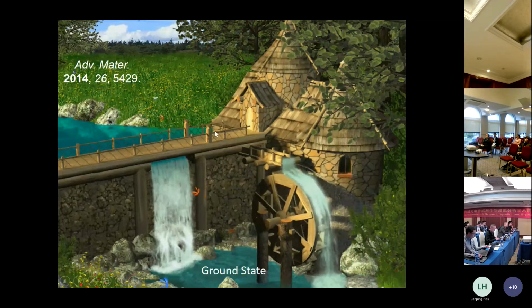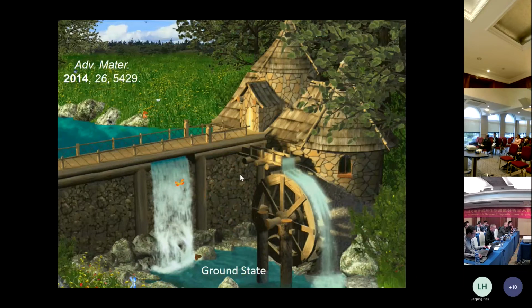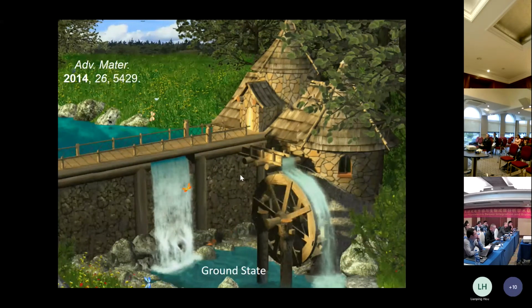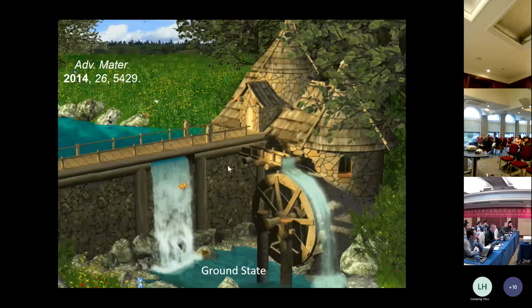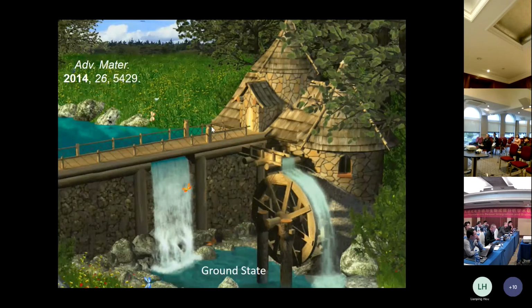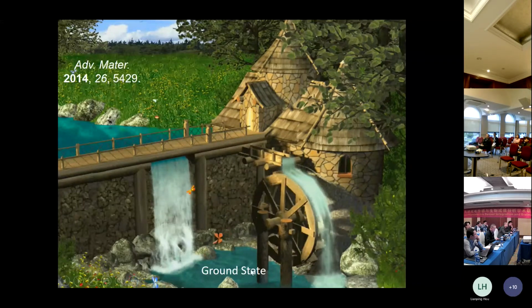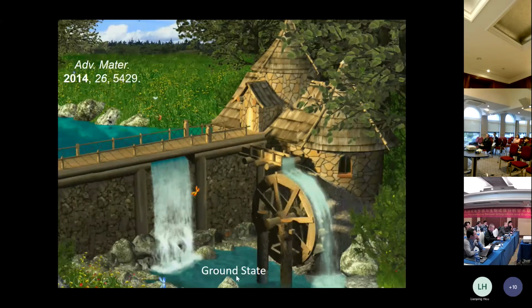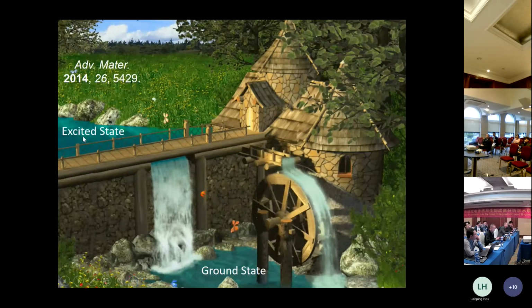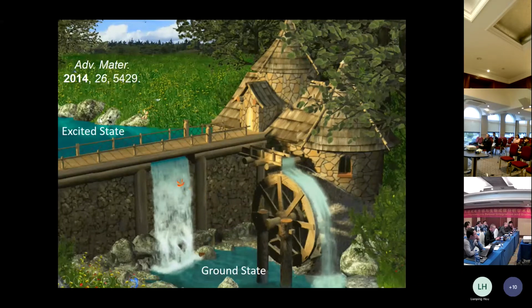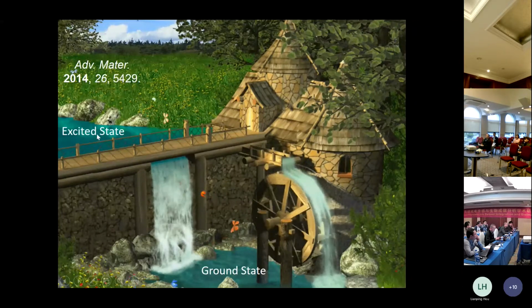In this PPT, I will use this video to explain how the AIE process works. Here I discuss a mechanical picture. Everything is in the ground state at normal condition. If you excite the molecule with photonic energy, the molecule will absorb energy and jump to the excited state. In the excited state, of course, the molecule is not stable.